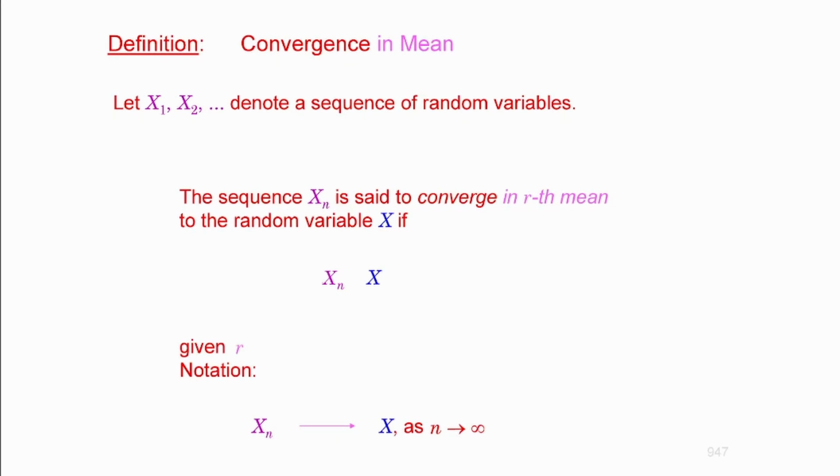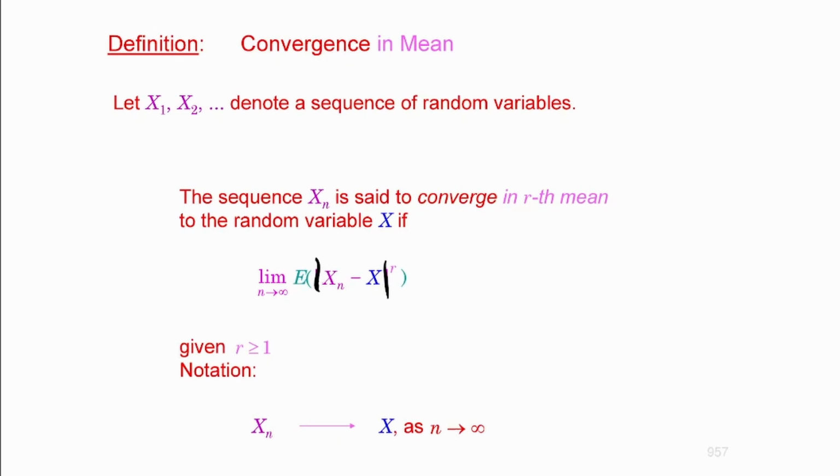Given r, at least 1, if the limit of the expectation, as the sequence progresses, of the distance to the power of r, the absolute value of the distance of the member to its limit to the power of r, is going to be the rth distance, you can say.